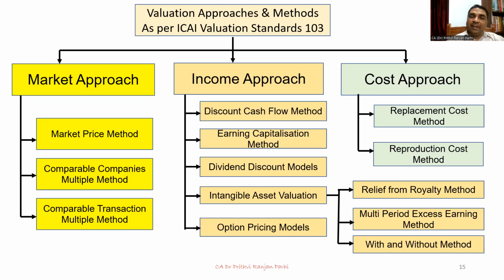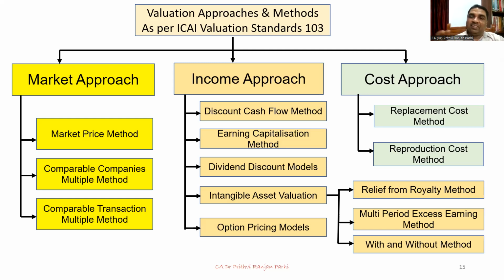And under intangible assets, if we are following income approach for valuation of intangible assets, there are various methods like relief from royalty method. Here it is assumed that the business, having some intangible asset, is getting a relief from royalty payment.